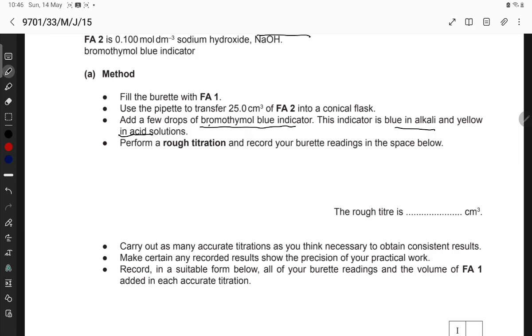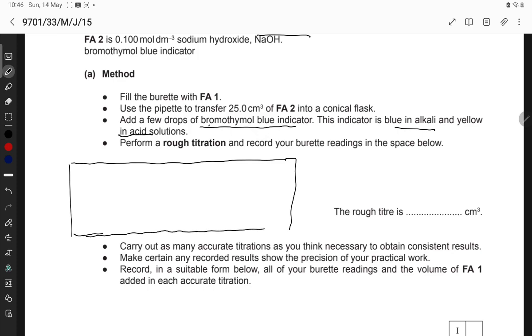In the space below you must draw a table, which I have drawn in my first video. Use a scale for this purpose. Make 3 columns and 2 rows.